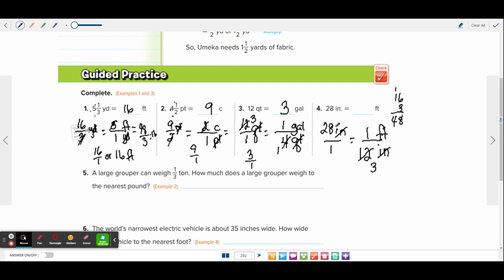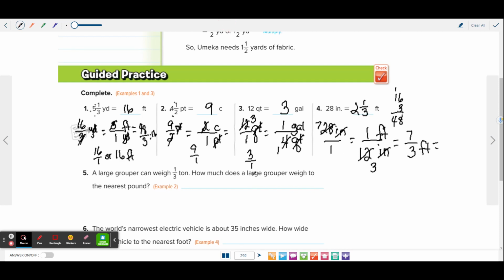So that would be 3. That would be 7. So now we have 7 over 3 feet. And then we need to simplify that. 3 goes into 7 2 times, which is 6. So I have 1/3 left over. So it's 2 1/3 feet.